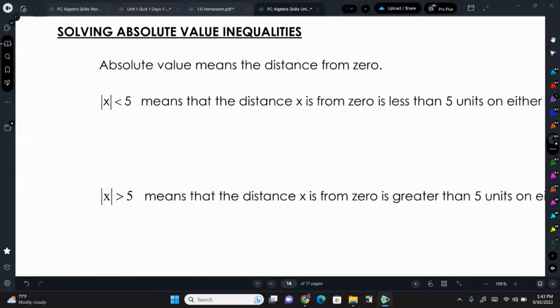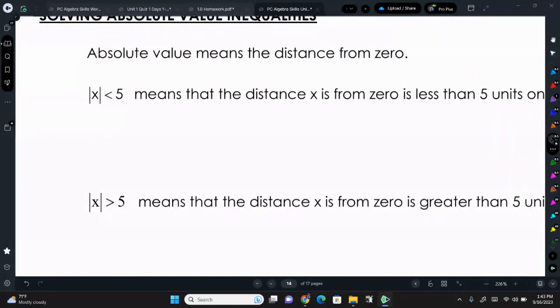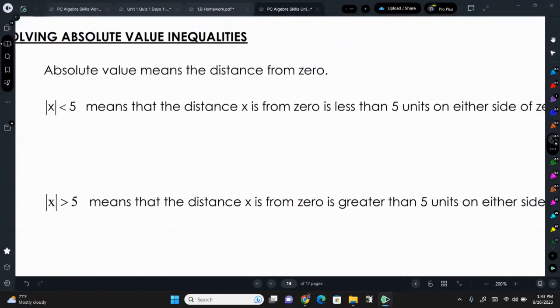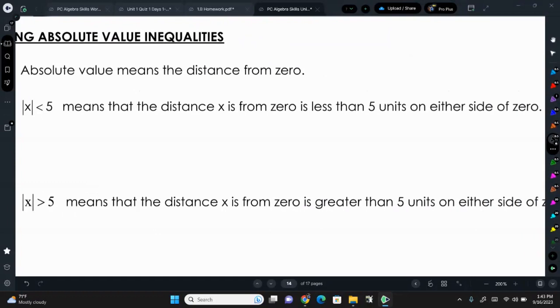Now, on the next page, we're going to talk about absolute value inequalities. Because remember, absolute value means the distance away from 0. So if I say that the absolute value of x is less than 5, what that means is that the distance x is from 0 is less than 5 units, but that could be on either side. Because if we look at a number line, there's 0, 1, 2, 3, 4, 5, -1, -2, -3, -4, -5.